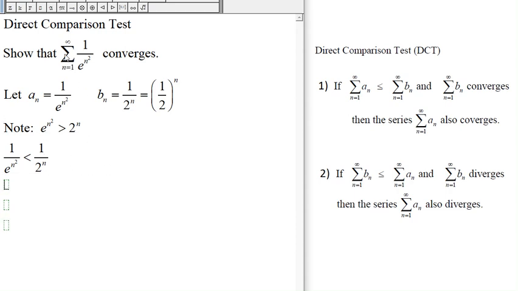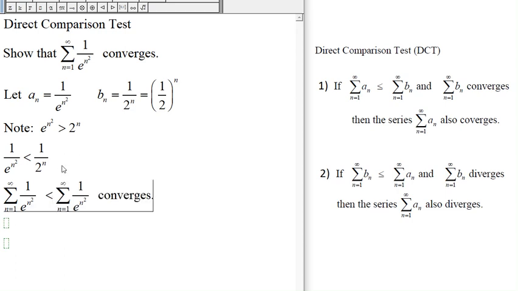And so we have this series right here, which is less than the series 1 over 2 to the n, because 1 over e to the n squared is less than 1 over 2 to the n. So we have shown the first part. And now we need to show that b sub n, which is this right here, converges.